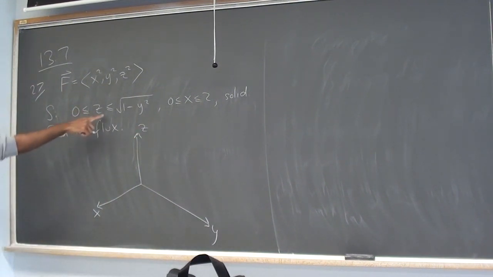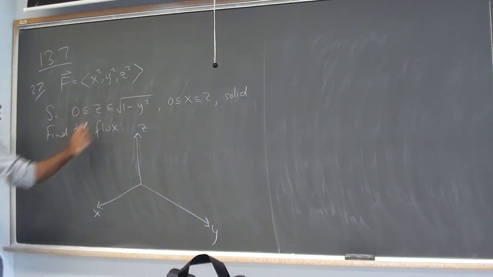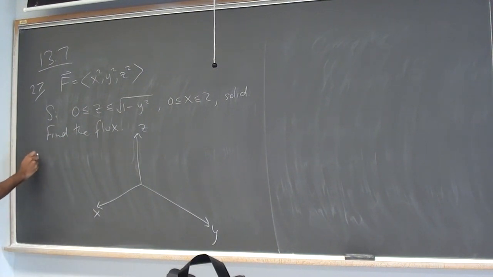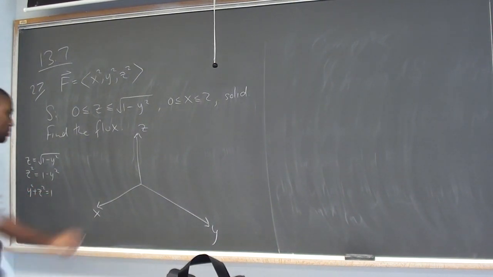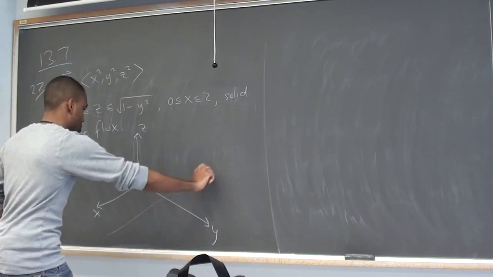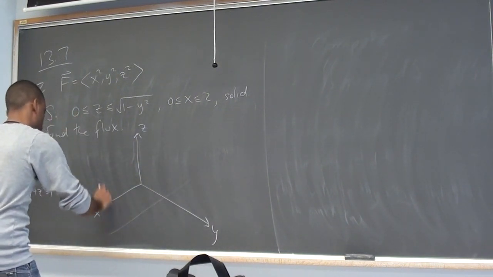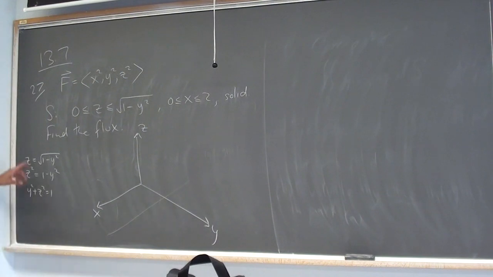So if you look at this, just think of this inequality and write it as an equality. This means you have z squared is equal to 1 minus y squared. In other words, y squared plus z squared equals 1, which is just a cylinder running along the x-axis. But you only have the top part because you take the positive radical.